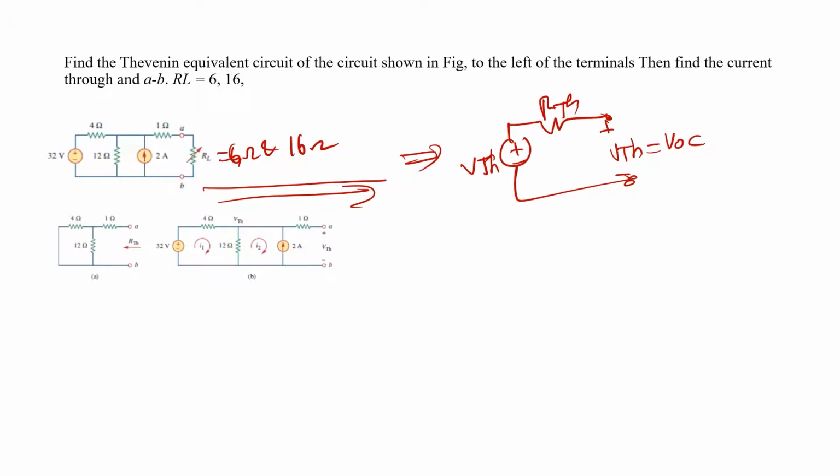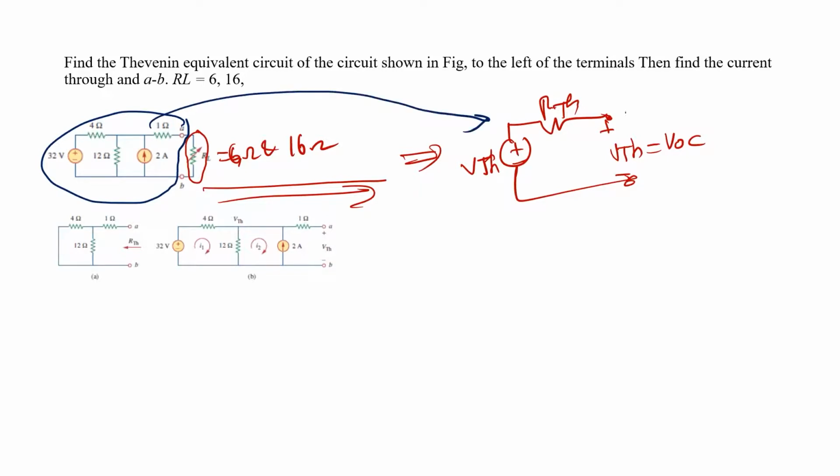After converting this, you remove the load resistance you are interested in, and this entire circuit we just transform into this. I am going to keep IAB as it is. Now you have to find what VTH and RTH are. You take this circuit.